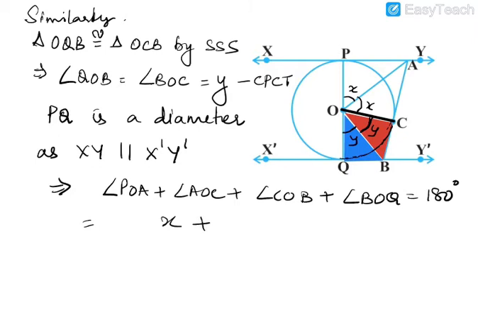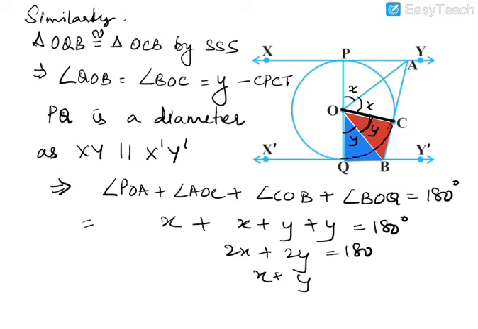So X plus Y plus X plus Y is equal to 180 degrees. 2X plus 2Y is equal to 180 degrees. This implies X plus Y is equal to 90 degrees. And X plus Y in the figure is angle AOB. So angle AOB is equal to 90 degrees.